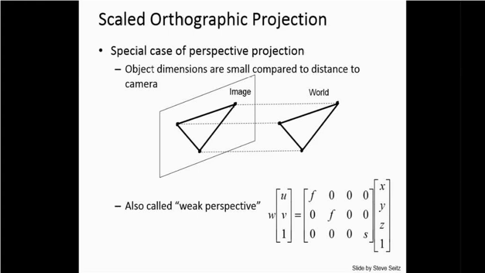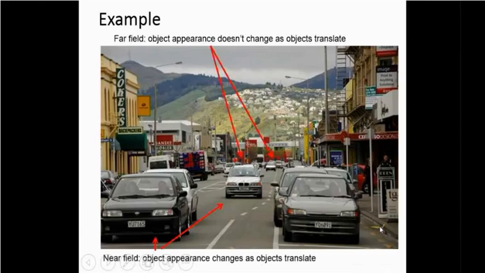You're looking at a flat plane, and that's orthographic projection. So the idea of orthographic projection is that every point x, y is mapped onto u and v just according to some scale parameter, and the distance away from the camera has no effect. So that's often used as an approximation for far-field objects.